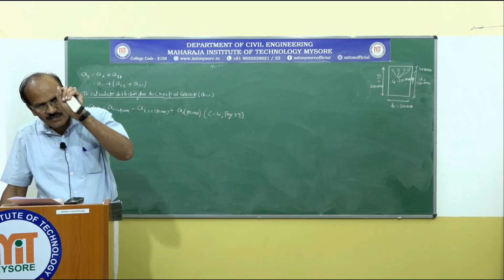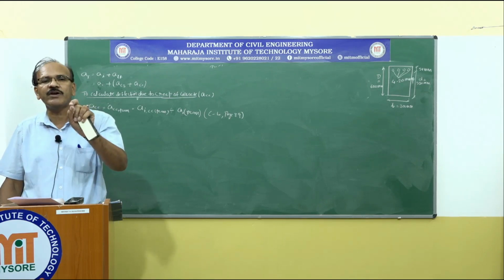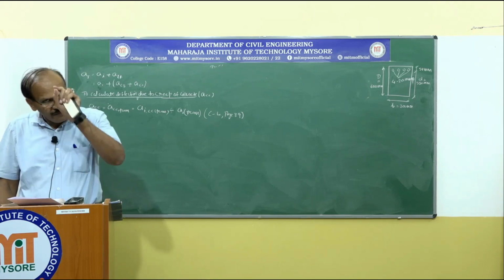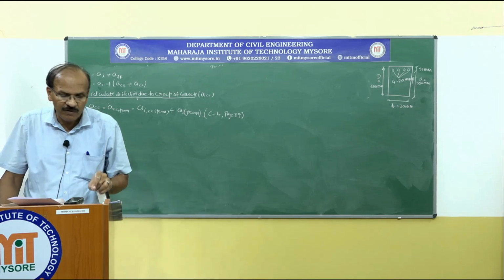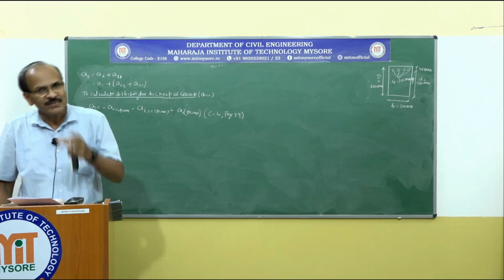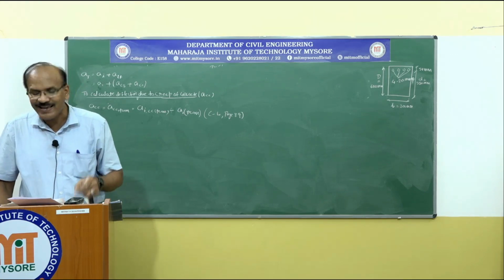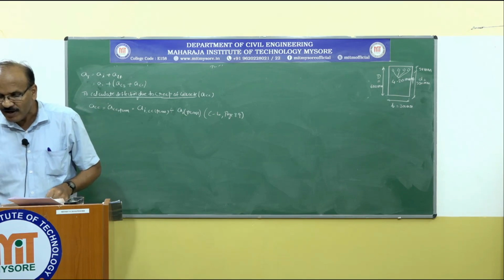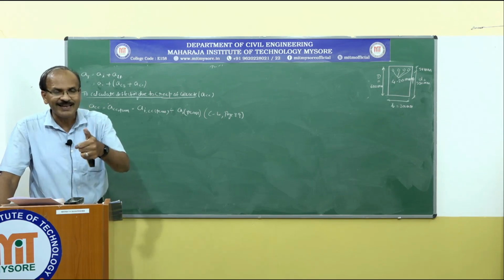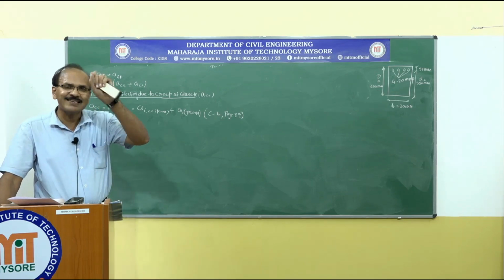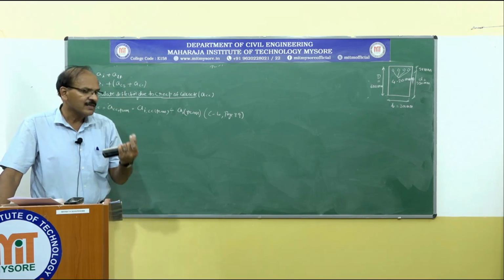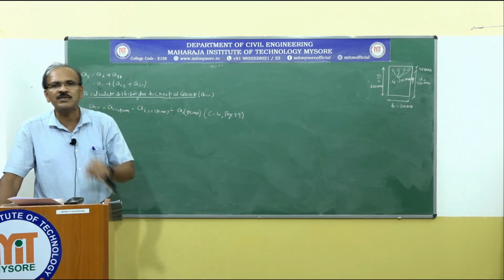We know EC is the modulus of elasticity of concrete, given by 5000 root of FCK. Instead of using that value, we need to make use of the effective modulus of elasticity, which is ECE. What is ECE? Again, if you look at the code, it says EC divided by 1 plus theta, theta being the creep coefficient. First we need to find out EC. Afterwards, we need to find out ECE, the effective modulus of elasticity, taking the creep coefficient theta equal to 1.60.